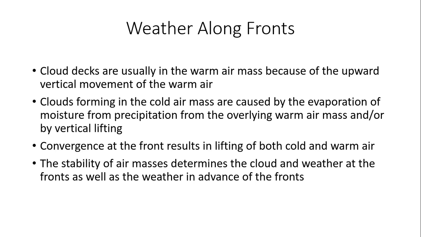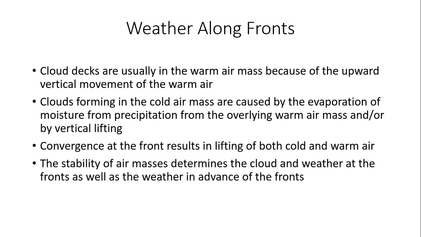Convergence, where the air comes together at the front itself, is going to result in lifting of both cold and warm air. Why? Warm air is less dense than cold air. So cold air is always going to be much heavier. It's going to be right along the Earth's surface, right along the ground, lifting that warm air.